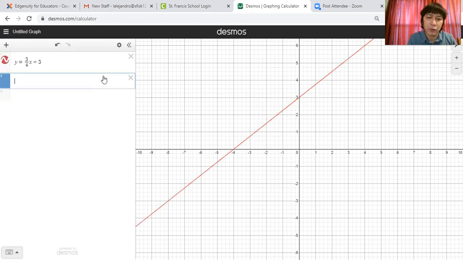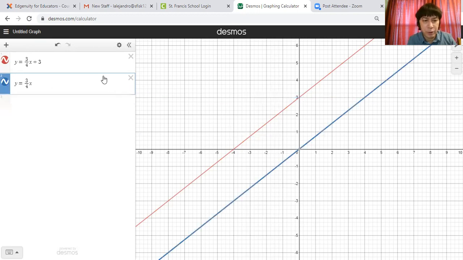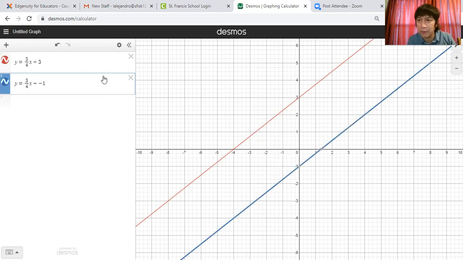So that should be y is equal to 3/4 x, and we will have to add negative 1 there. See, it passes through the negative 1 there at 0, negative 1 here. And the lines are perfectly parallel. Why? Because they share the same slope, 3/4. So parallel lines have the same slope.